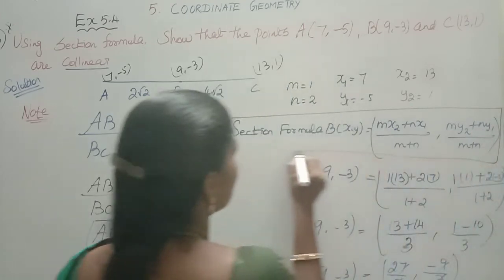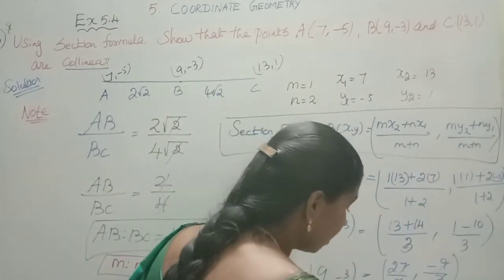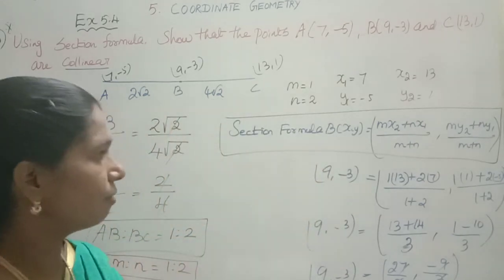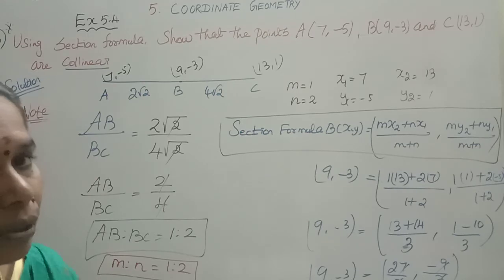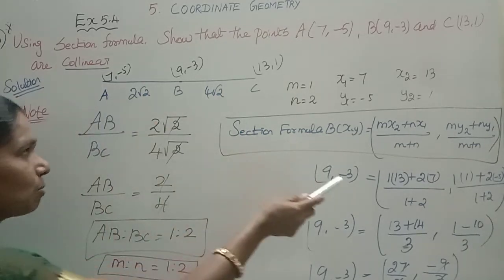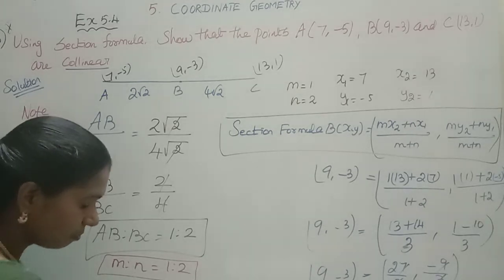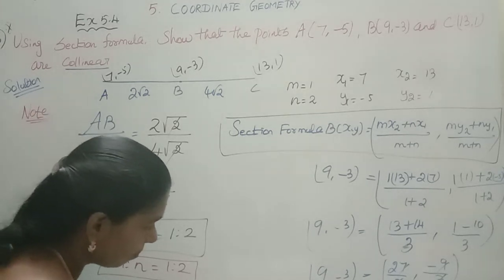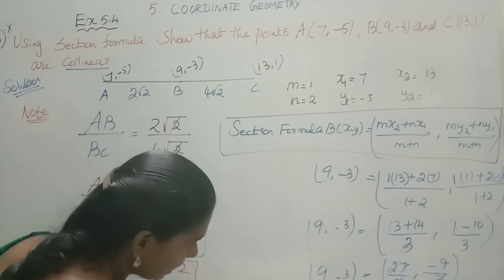Yes, for that 1 is to 2 I am getting B of x comma y as 9 comma minus 3. The same value I am getting. Therefore, we can say that the given 3 points are collinear. Because only if the point divides the segment can we get 9 comma minus 3. Therefore, the given points are collinear.